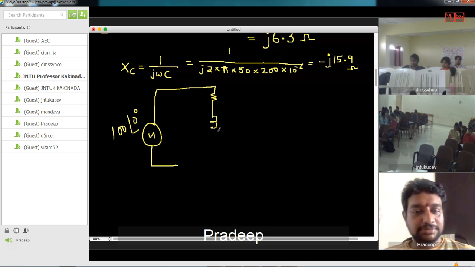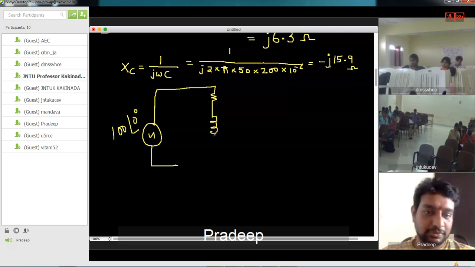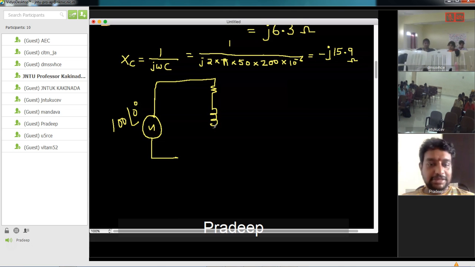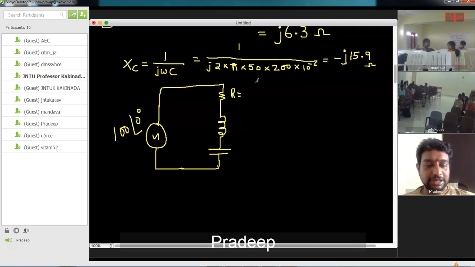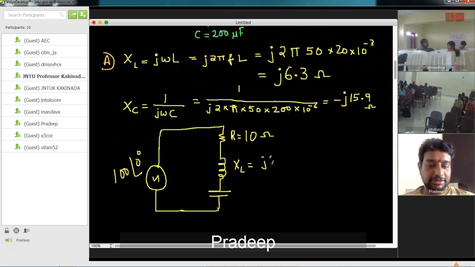The resistance value is 10 ohms. The reactance XL is j 6.3 ohms, and the capacitive reactance XC is minus j 15.9 ohms.